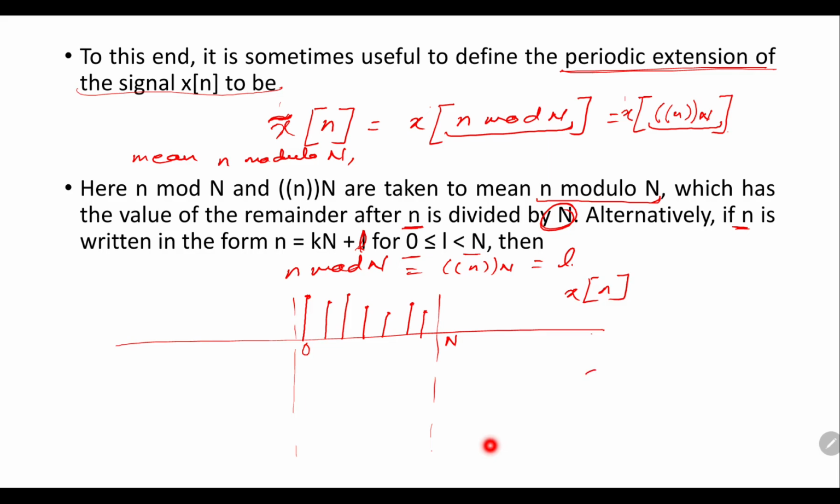But x bar of n is given like this for a period, and it is repeating.